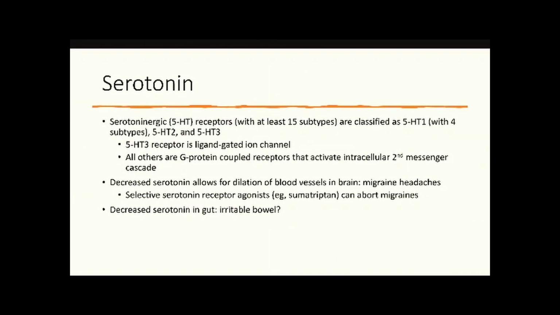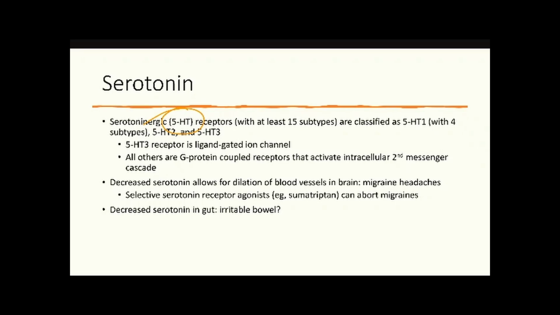We have these serotonergic receptors, 5-HT. You'll see this when we get to migraines. Some of the drugs we give for migraines deal with the serotonin. There is a link between serotonin and migraines, and we'll get to that when we get to migraines.